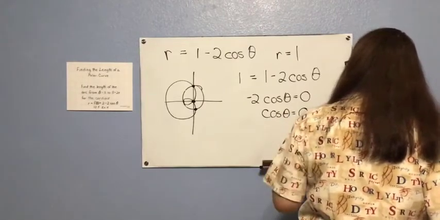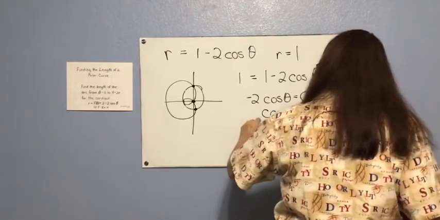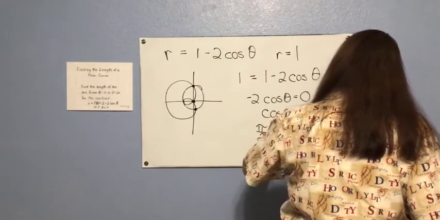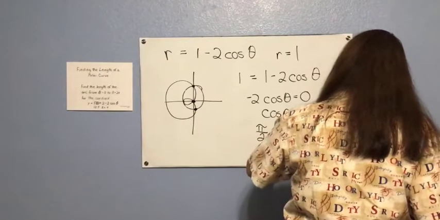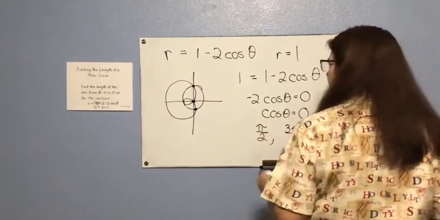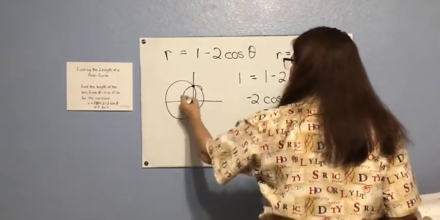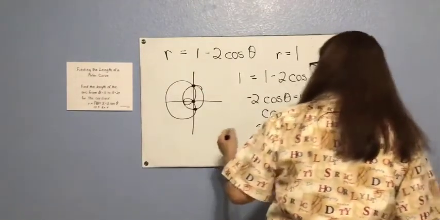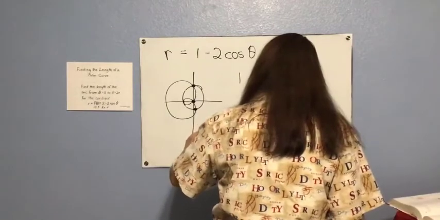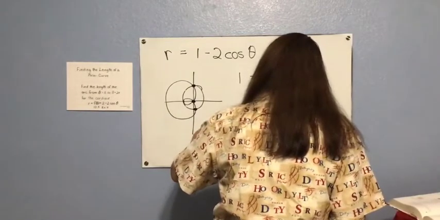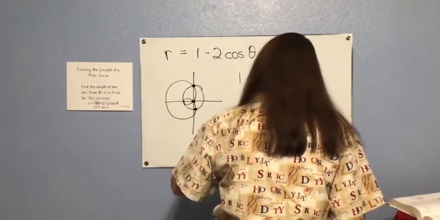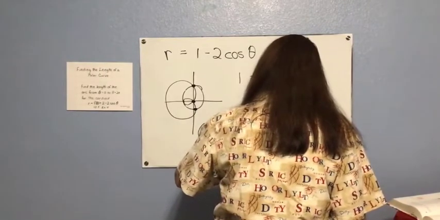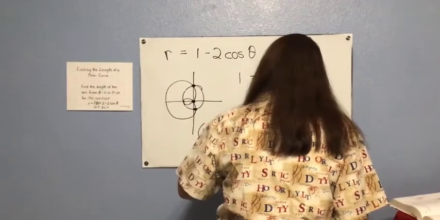And when does the cosine equal 0? At pi over 2, and also at 3 pi over 2. Well, looking at my graph, that's this point and this point. So our whole coordinate would be 1, pi over 2 for one point, and 1, 3 pi over 2 for the other.